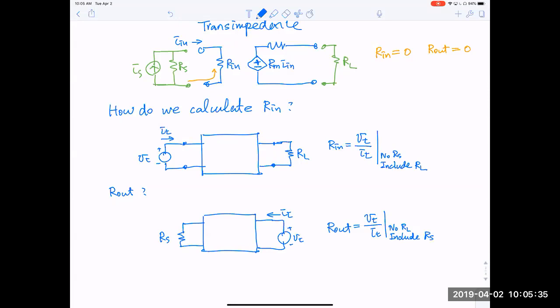The reason for including RL and RS makes it really easy when you have multi-stage amplifiers. You just put the blocks sequentially and you just multiply them together. And your RS will be correct. It won't change as you attach the next stage. The next stage will become a load to the first stage.